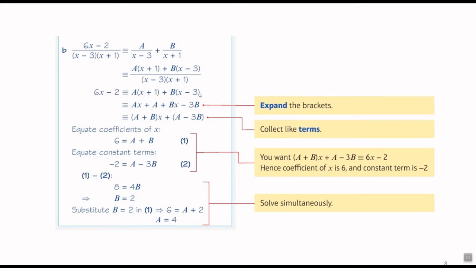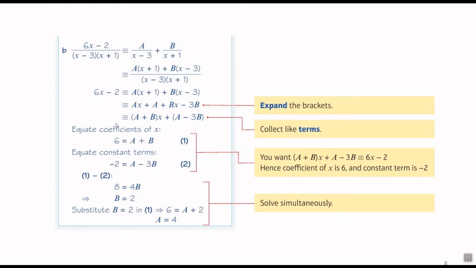If you remove this bracket, b multiplied by x minus 3b. Take the x terms together, collect like terms. Take x out from the bracket, you will get a plus b, since bx and ax are like terms. Take the constant term, a minus 3b.